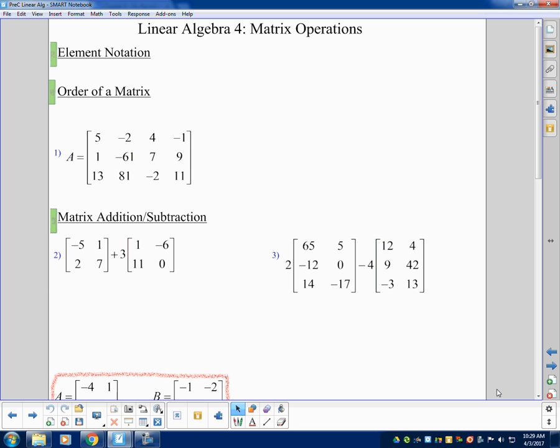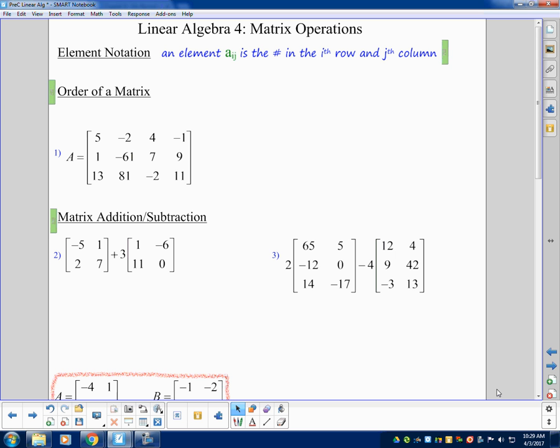So, element notation. An element, Aij, these are subscripts, the i and the j, and the i corresponds to the row number of the matrix, and the j corresponds to the column of the matrix.